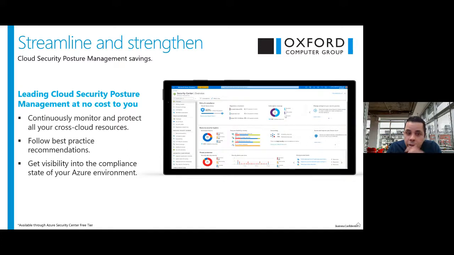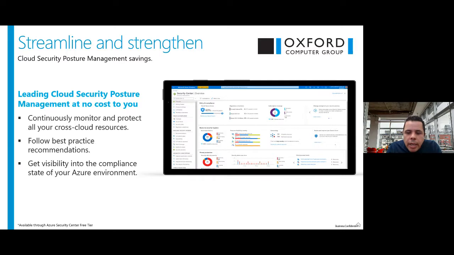The ability to continuously monitor and protect across all your cloud resources is built in, and this is a complement to Azure Sentinel in that it provides capabilities to assess and provide recommendations to improve security of your cloud resources.